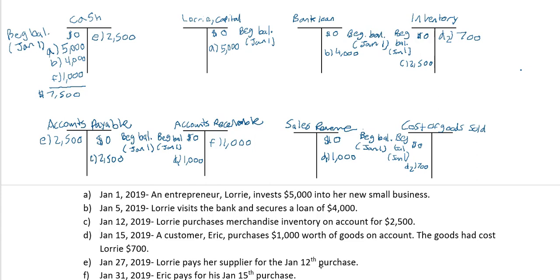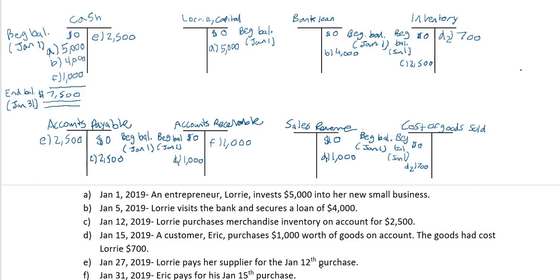As the final number, you want to put a $ sign, put a double underline, and also write down end balance January 31st. At the end of the month, we tally up our T accounts.